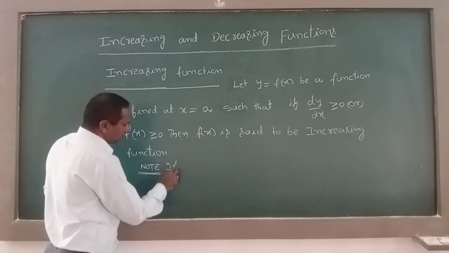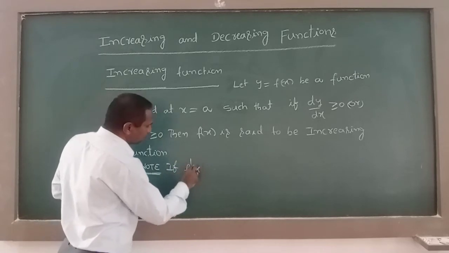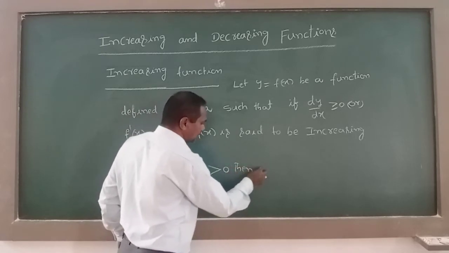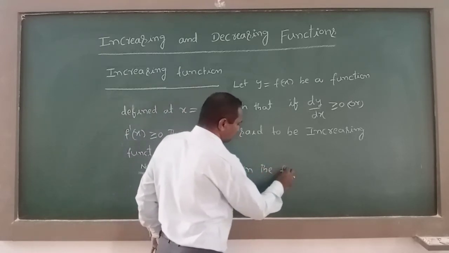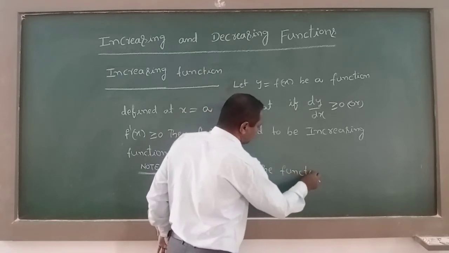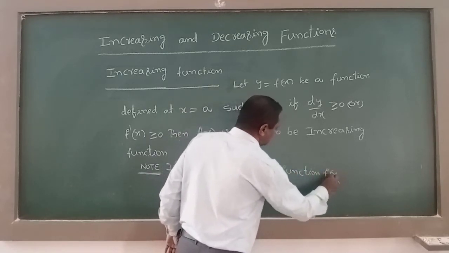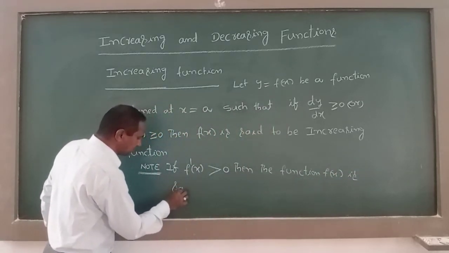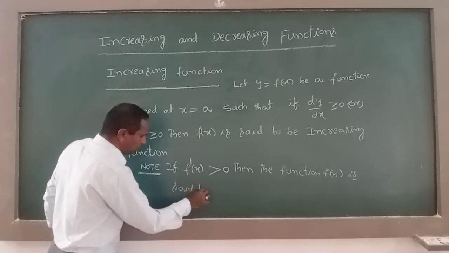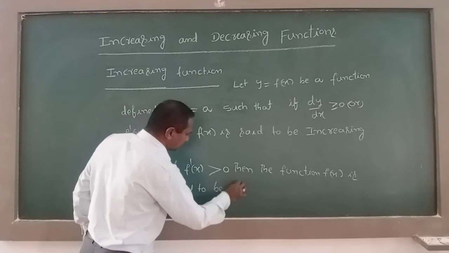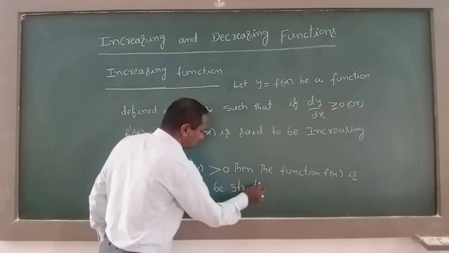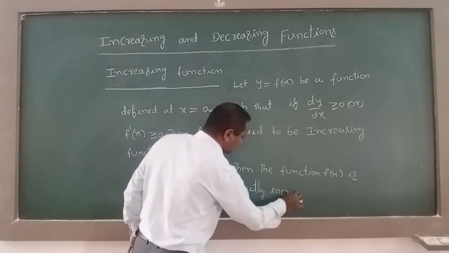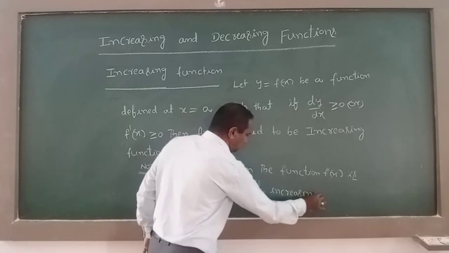Note here. If f dash of x is strictly greater than 0, then the function f of x is said to be strictly increasing function.